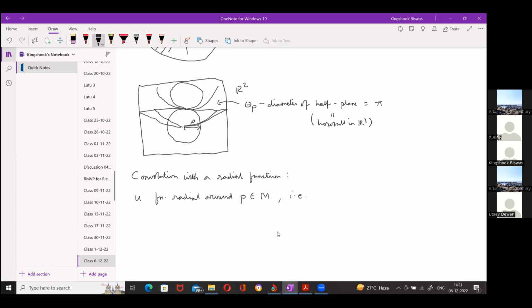That means that u is equal to some function chi on the real line composed with the distance function from P.